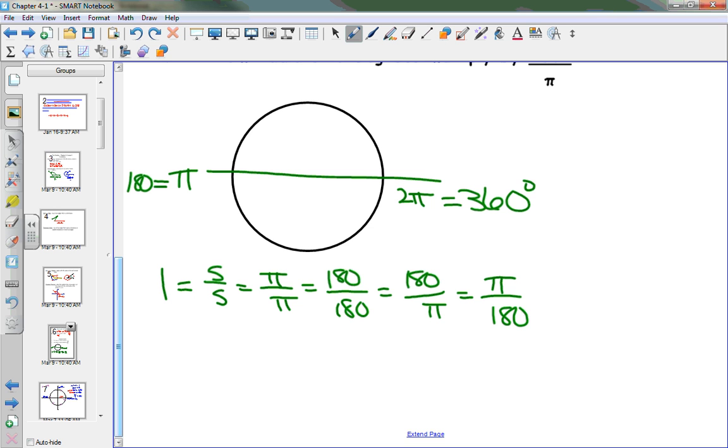Yes. How can 180 over pi be 1? Well, isn't 180 equal to pi? So if pi and 180 are the same, can I put a pi in for 180? Can I put a 180 in for pi where I want to? Yeah. It's basically saying 180 equals 300.